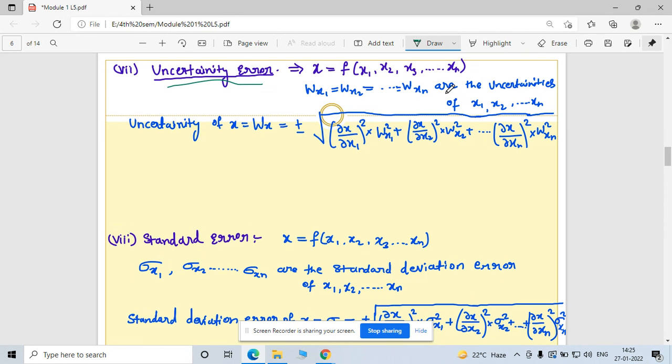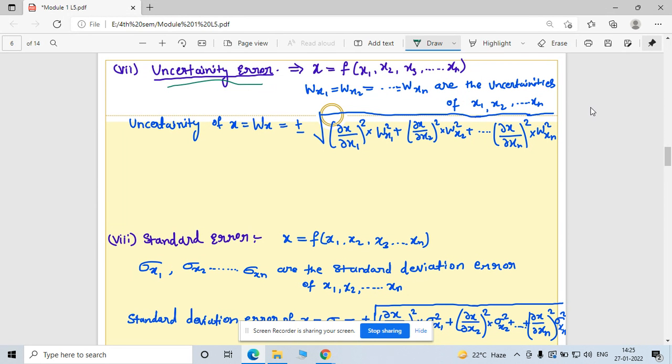There are different uncertainties, represented as wx1, wx2 up to wxn. The uncertainty can be found with this formula by taking the square root of the sum of squares.